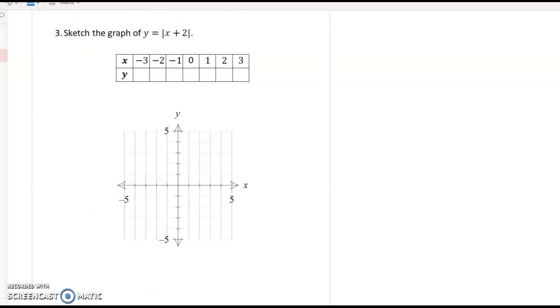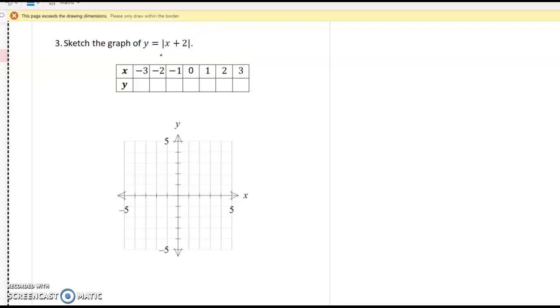Alright, question 3. This time we've got our plus 2, or our extra value inside the absolute value symbols. Let's have a look at what difference that makes. So if we try our first value of minus 3 again, what happens there?